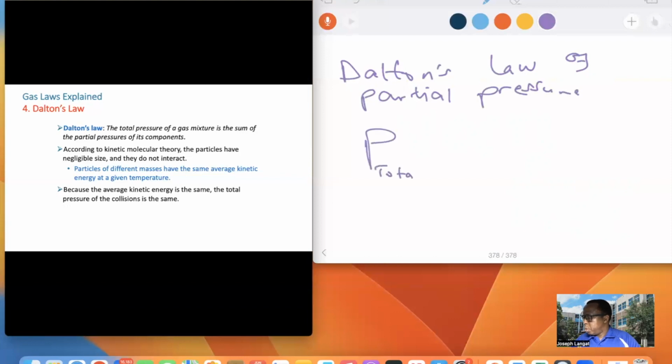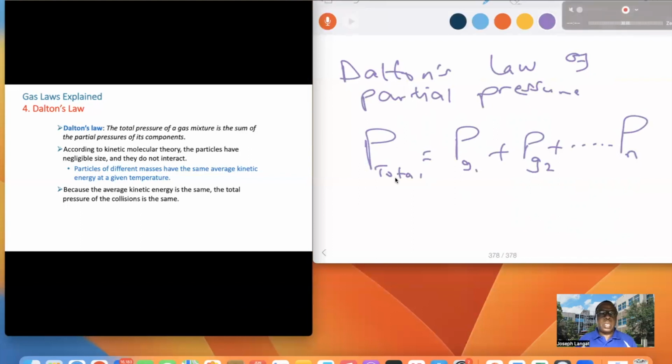P total equals P of gas 1 plus P of gas 2, plus, depending on how many gases you have in a sample of a gas mixture, the total pressure is equal to the sum of all partial pressures, where P is the partial pressure of gas 1, gas 2, and gas 3.